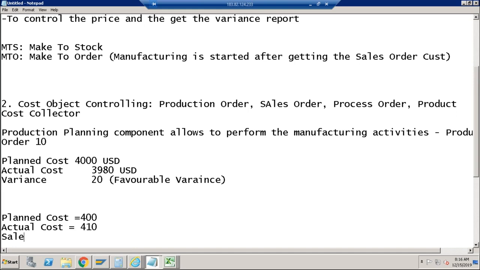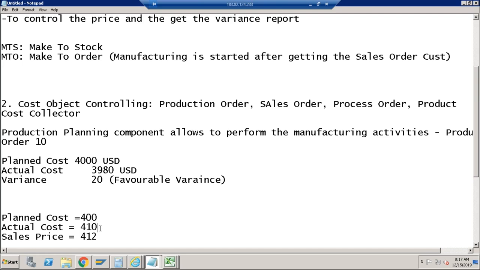And the sales price, which you already confirmed to the customer, let's assume is 412. So this company was looking for only 12 profit. Looking at this information, later on they came to know that our production department has incurred more cost.